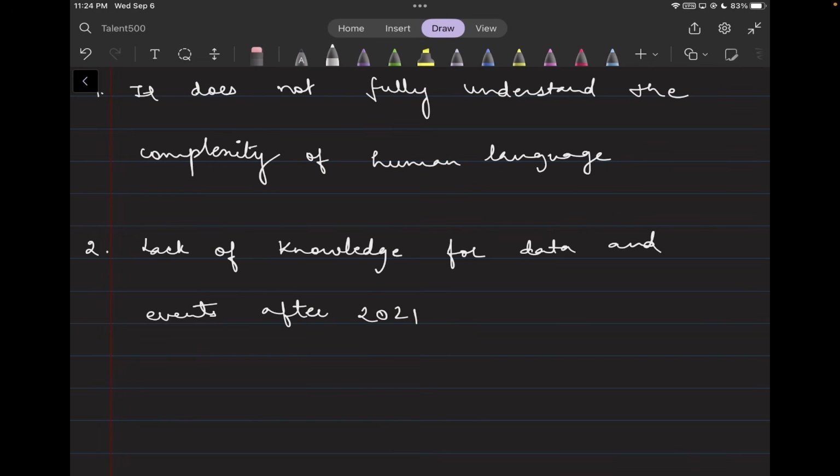So, when you talk about the training data, this process was like, when the people started building ChatGPT, that process started long back in 2021. They stopped training the data. That is why if you talk about the events and the data, whatever are there after 2021, that information your ChatGPT is not going to be providing you.